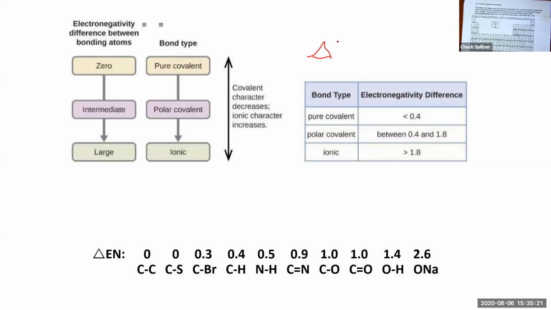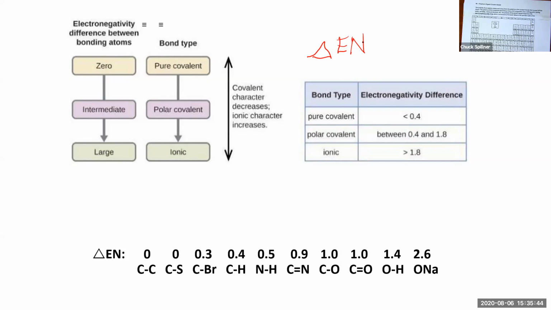The delta means the difference. That's the difference in the electronegativity of the two atoms that are bonded. And what I usually do is take the higher electronegativity and subtract the lower electronegativity, so you always get a positive value. And those values come off of that table, the table I showed just previously.